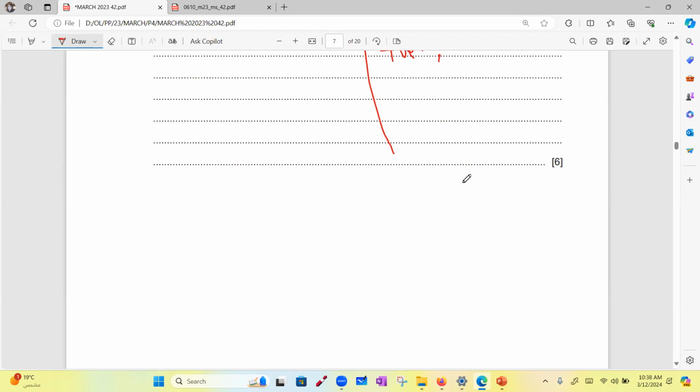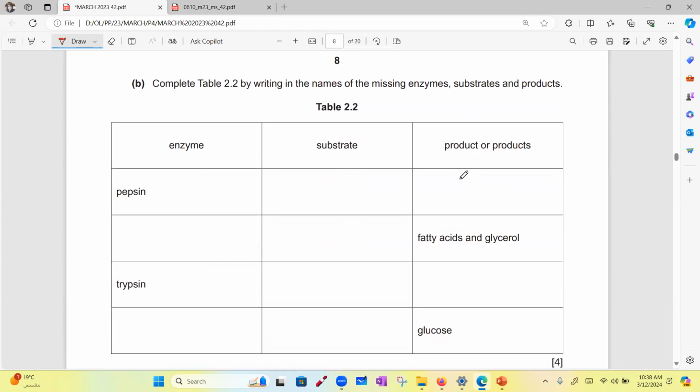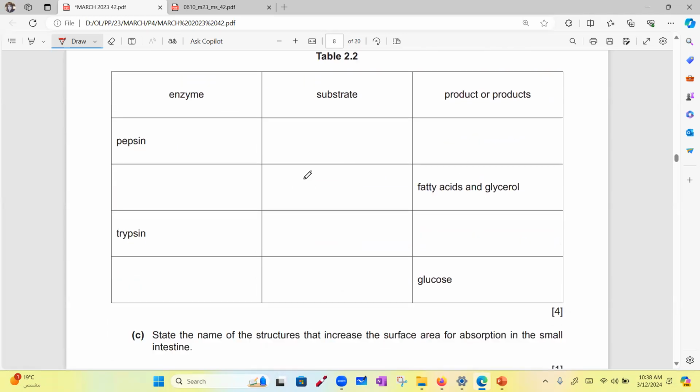Who thought of active transport? If you write active transport here, I'll kill you. Active transport needs a living cell membrane. Okay, now this is so easy. The pepsin enzyme, what does it work on and what does it produce? Of course, proteins into amino acids. And the fatty acid and glycerol, what is the substrate, Habiba?